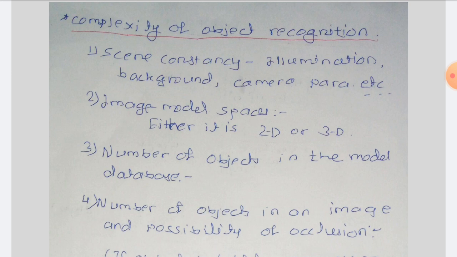Second complexity is image model spaces. In some applications, images may be obtained such that three-dimensional objects can be considered as two-dimensional. The models in such cases can be represented using two-dimensional characteristics.